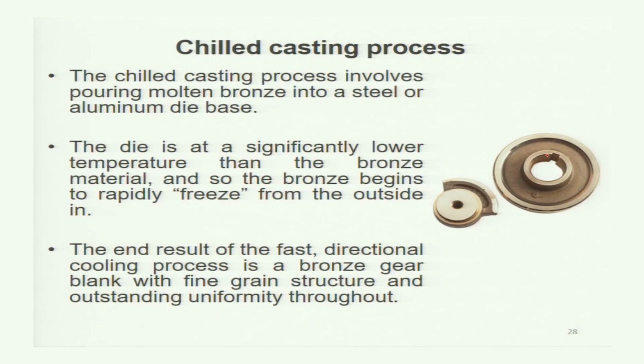The end result of the fast directional cooling process is a bronze gear blank with fine grain structure and outstanding uniformity throughout. So in the chilled casting process we get directional cooling, first from outside and then going inside. Due to this directional cooling we get fine grain structure, and fine grain structure has better strength.